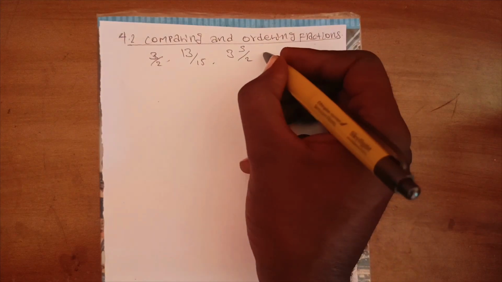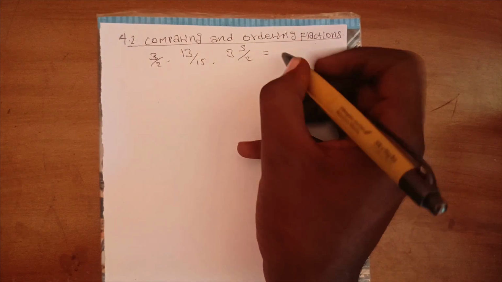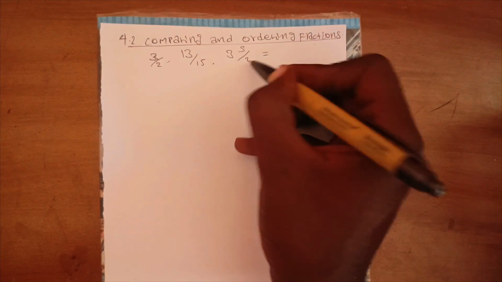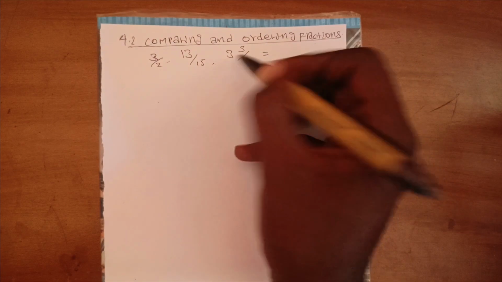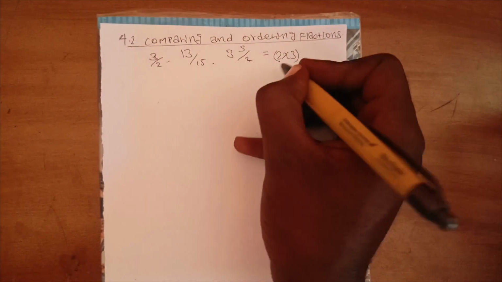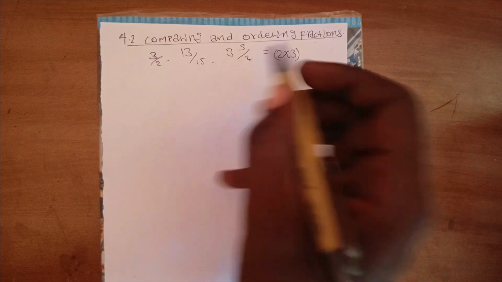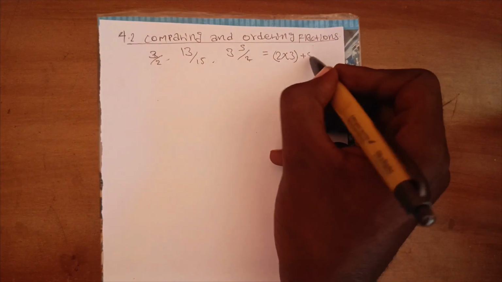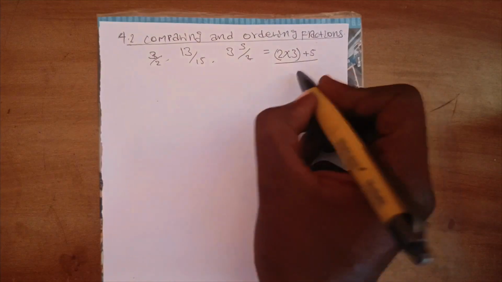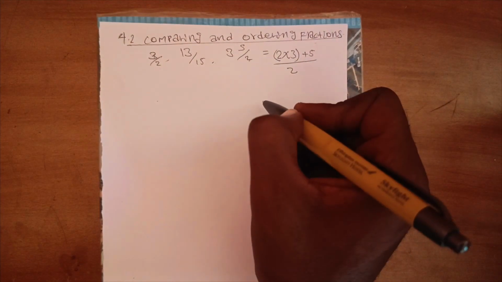That means when we change it to a proper or improper fraction, like this, 2 times 3, then we add this 5 over its denominator 2.